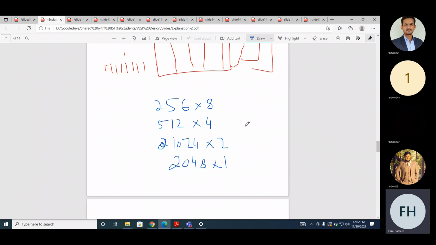So how many columns will be in the last one? Single column. And how many address lines? Here 8 address lines, 9 address lines, 10 and 11 address lines.